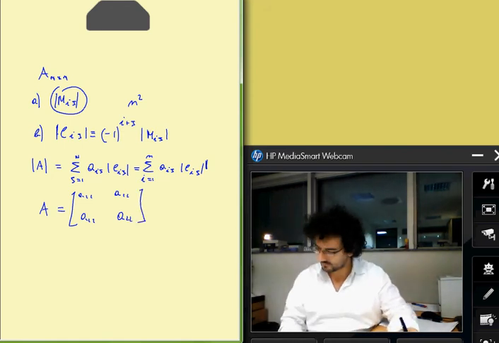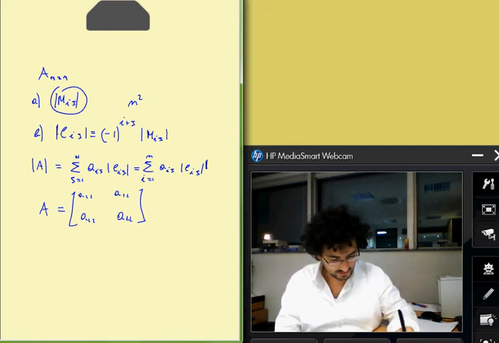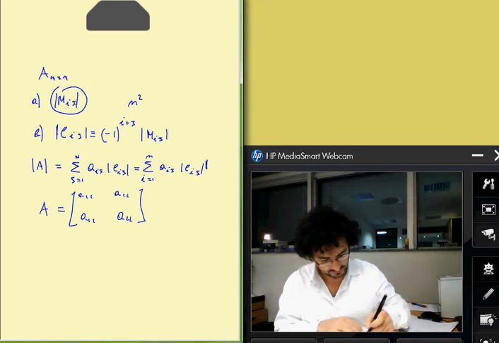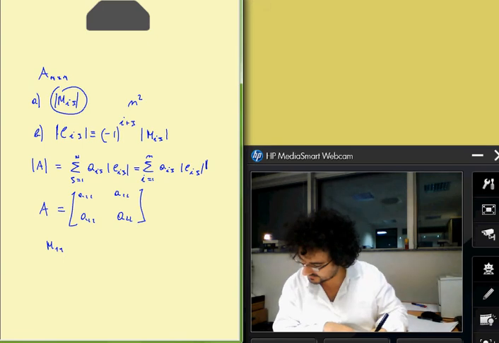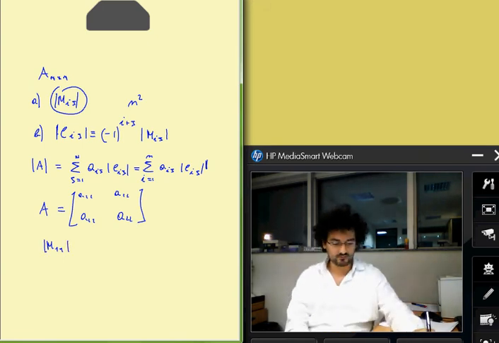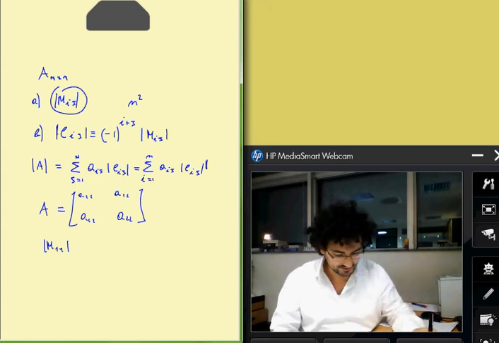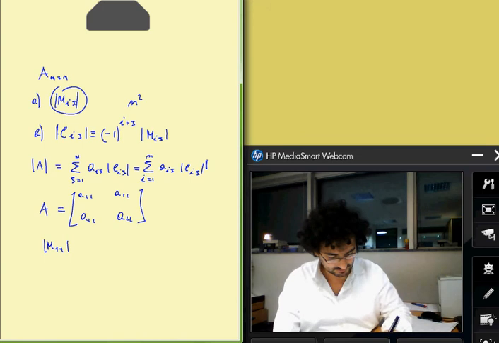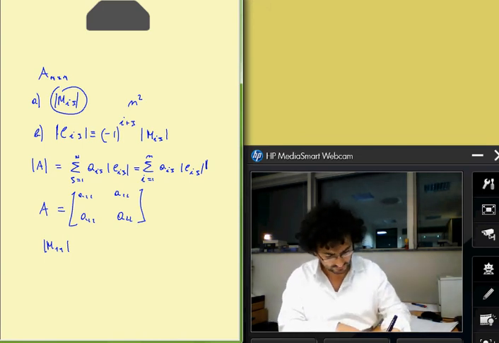In order to consider the minors, we have the minor M11, defined as the determinant of the submatrix we get if we delete the row and the column of the element we are considering.